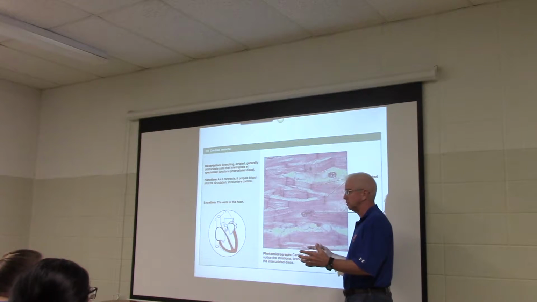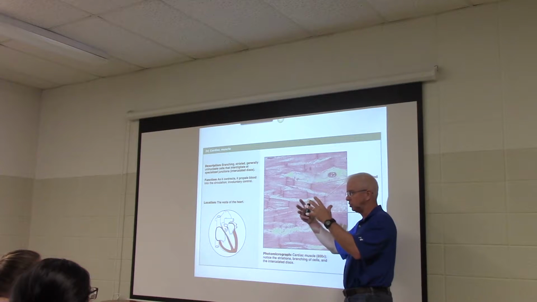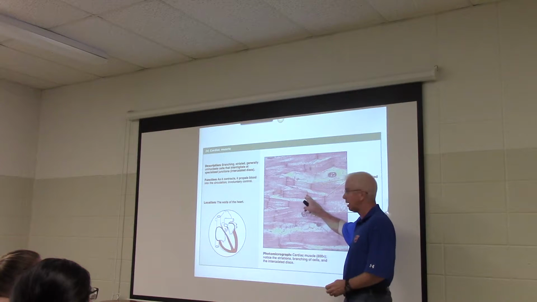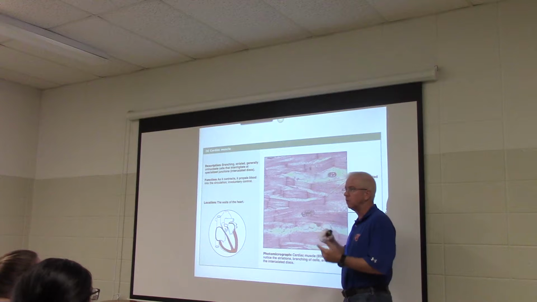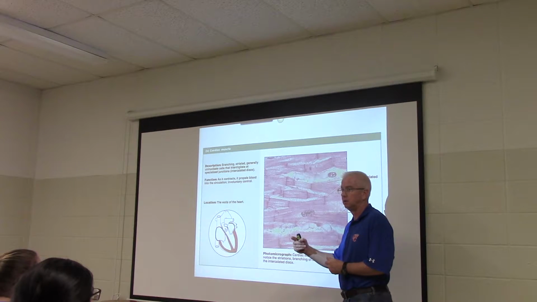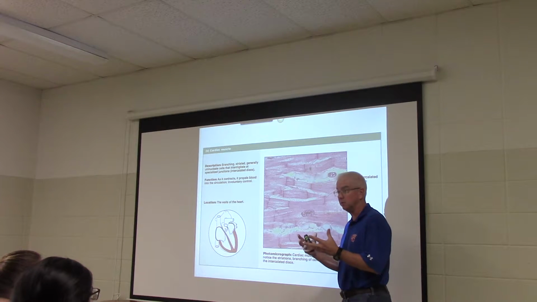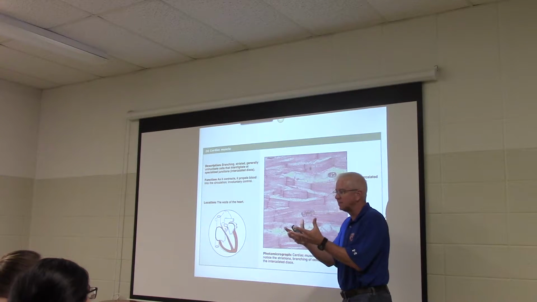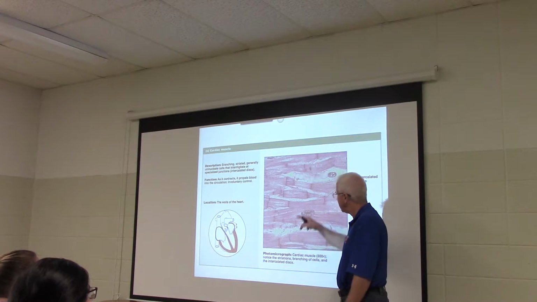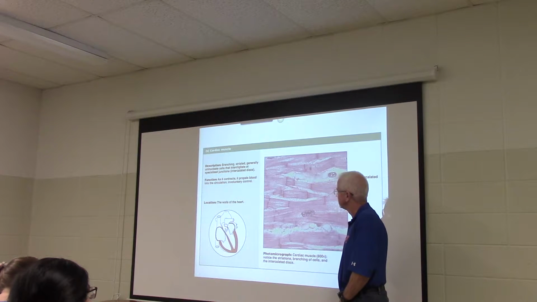So cardiac muscle chambers, the ventricular chambers and the atrial chambers, are linked together by way of these gap junctions, so that whatever you do to one cell, you do to every cell. So they contract as a unit. In physiology, we call that a syncytium. The entire mass contracts as a single cell because of these gap junctions between the cardiac muscle cells.